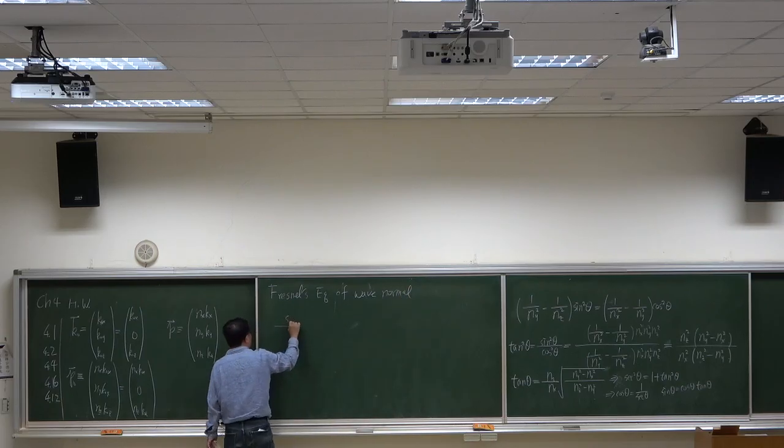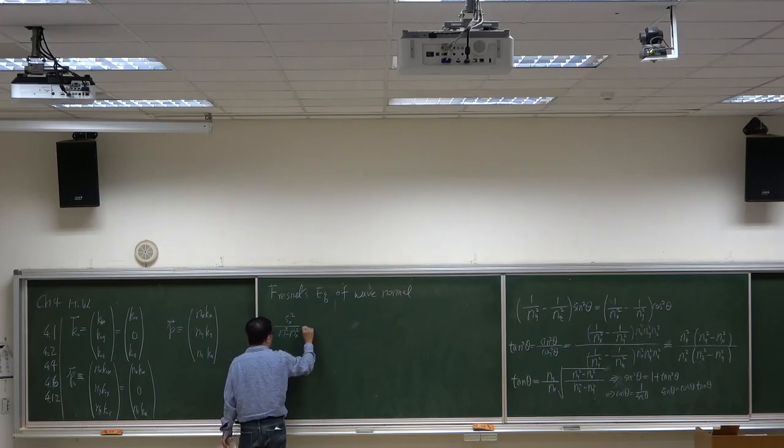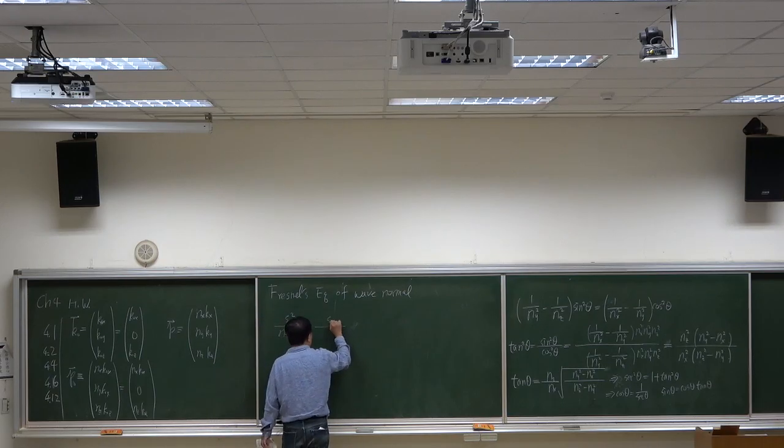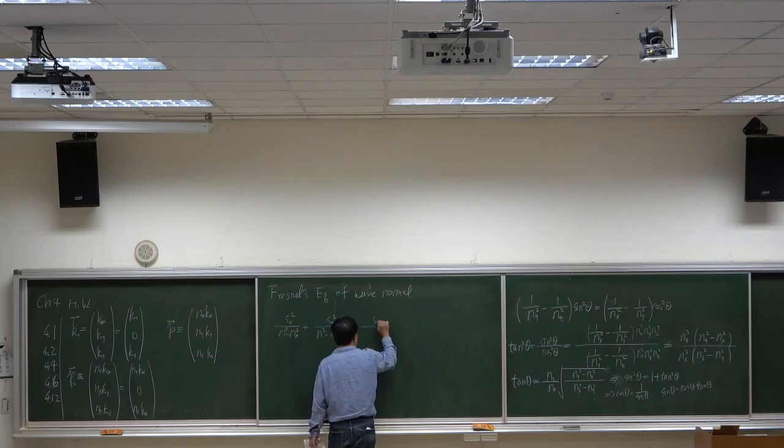Originally, it is written as sx squared over n squared minus nx squared plus sy squared over n squared minus ny squared plus sz squared over n squared minus nz squared equal to 1 over n squared. Okay.